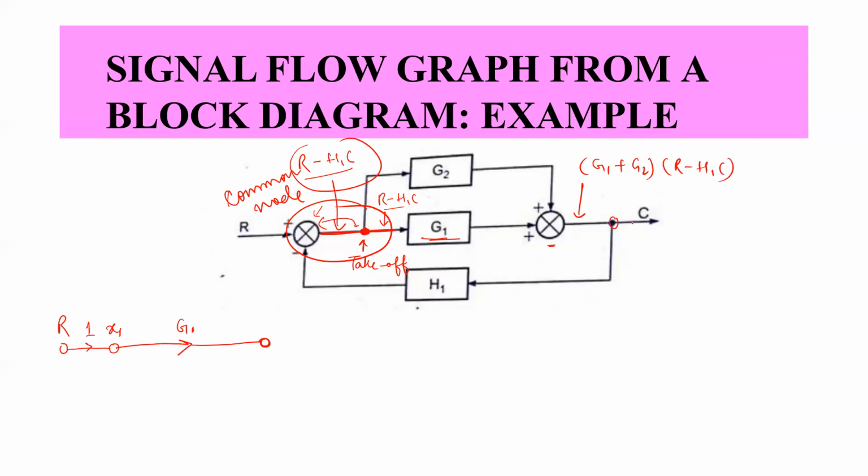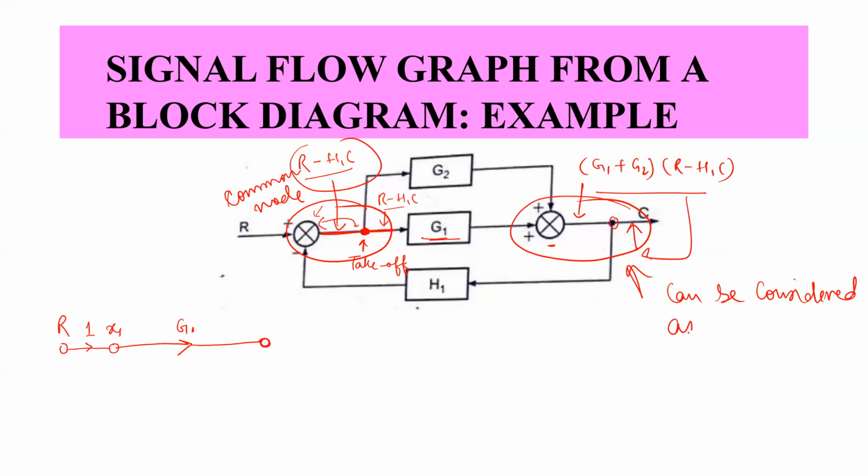So now what is the output here at this point? It is again the same output. This output is again here, right? So these two will have the same output, so they can be considered as the same node.